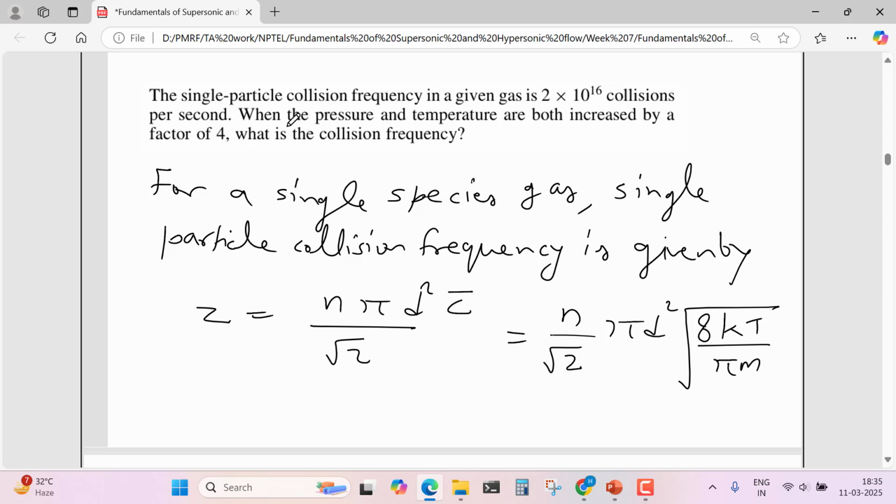The single particle collision frequency in a given gas is 2 into 10 to the power 16 collisions per second. When the pressure and temperature are both increased by a factor of 4, what is the collision frequency? So how to solve this problem?